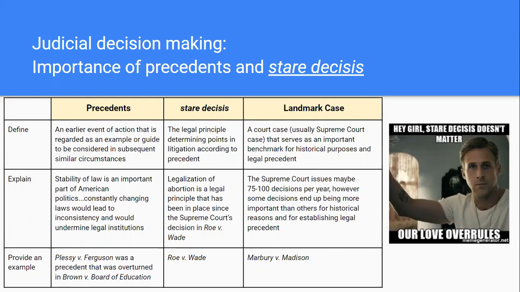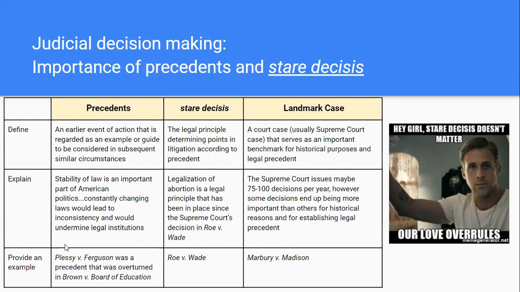So it doesn't mean that it can't be overturned, but generally the Supreme Court, because their job is to interpret the Constitution, those interpretations will stand until a court decides to overturn it. Any questions about that?